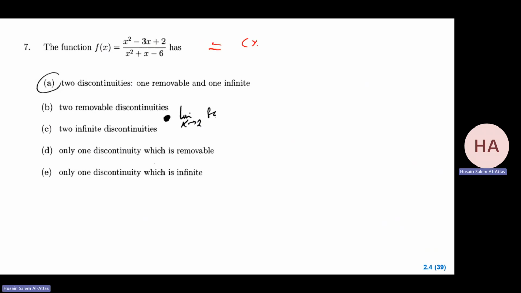So that will be x plus 2 times x plus 1, minus 2, sorry, minus 2 and minus 1. I'm just simplifying the function. Here I have x minus 3 times x minus 2. What are the points of discontinuity?